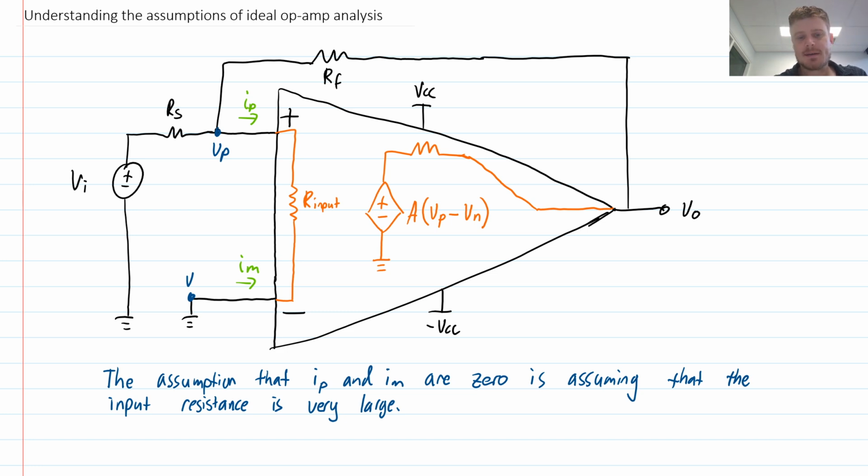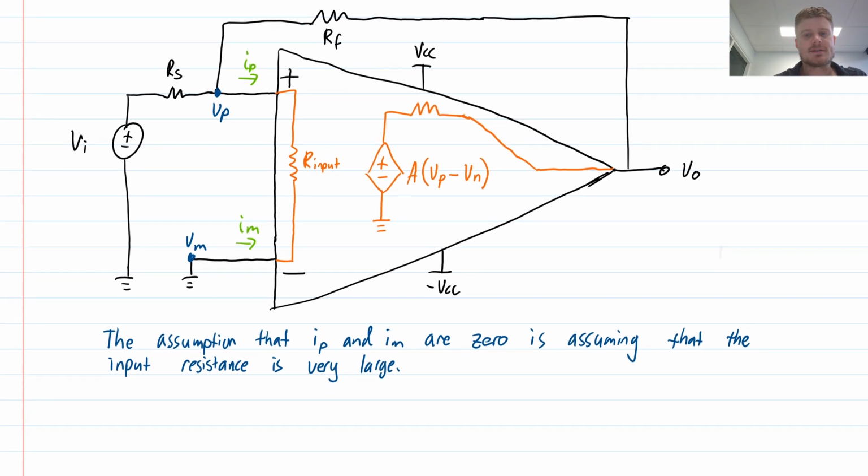The second thing that we assumed is that the voltages, that's Vm and Vp here, are equal. And that has to do with the actual behavior of the op-amp itself. What this op-amp is actually doing is behaving as if it is a voltage-controlled voltage source, where there's some parameter A multiplied by the difference in voltage. So let's dig into that a little bit.